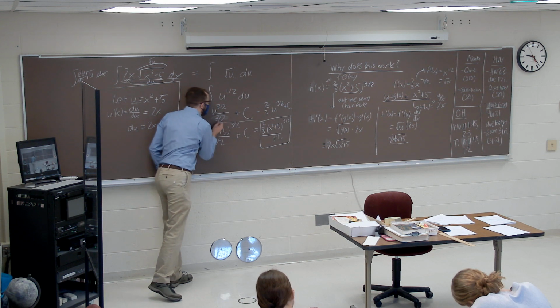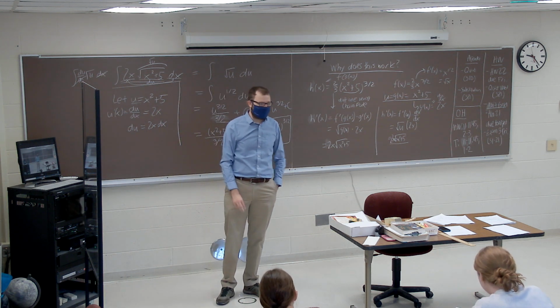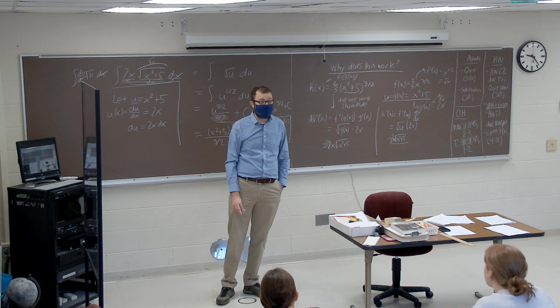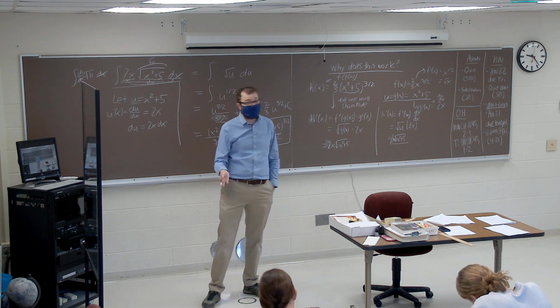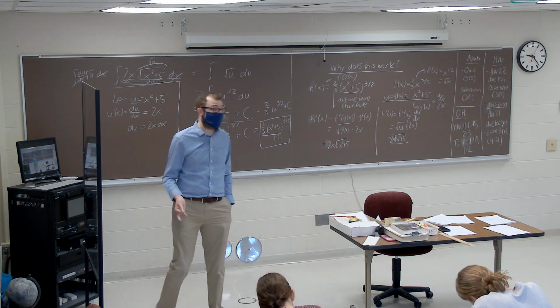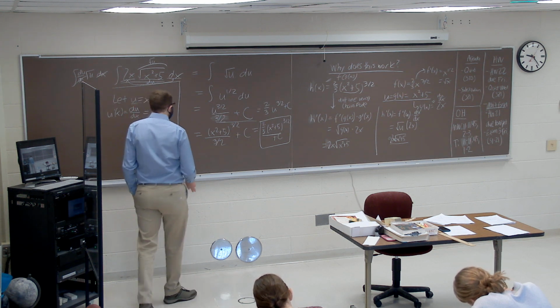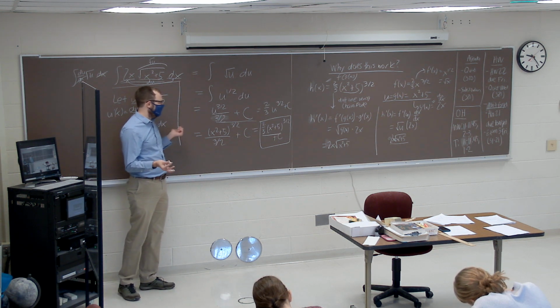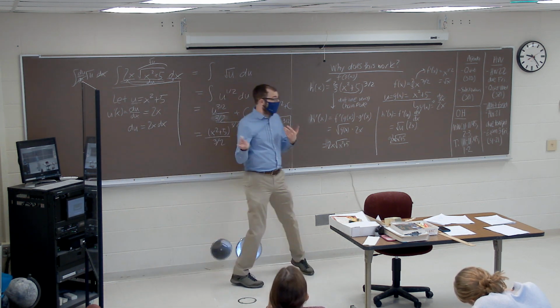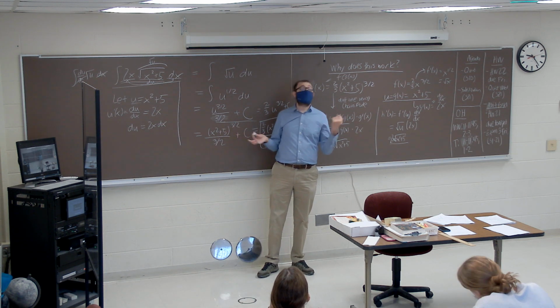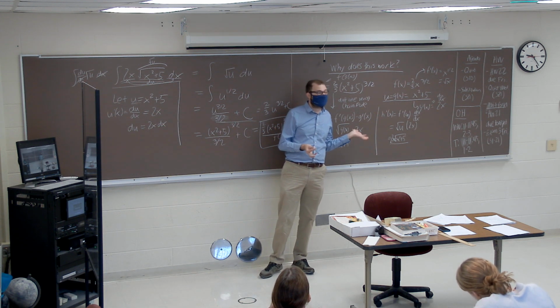You can't leave your answer like this, by the way, because our original integral was in terms of x. Our final answer should be in terms of the same variable, x. And so essentially what we really just did here with our substitution method, we did the chain rule backwards.